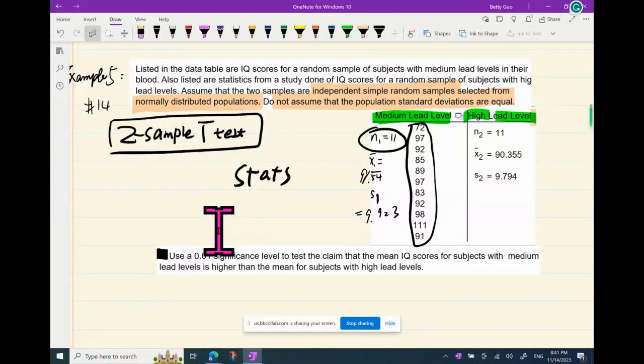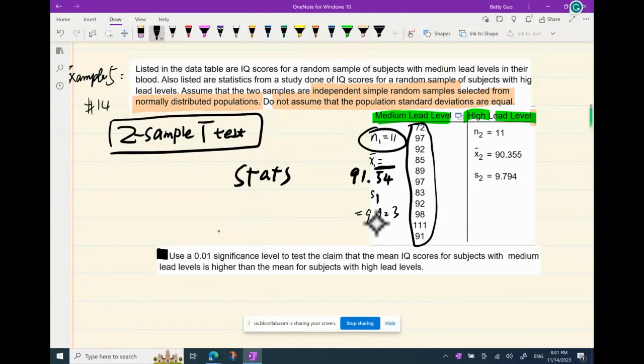I want to ask you, do you have x bar equal to 91.54? Your sample mean is 91.54, with 54 repeating, so it is a rational number.